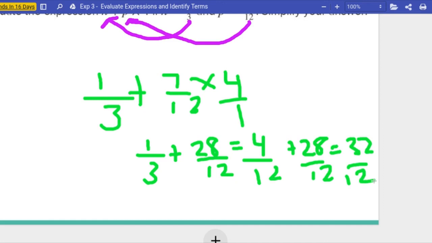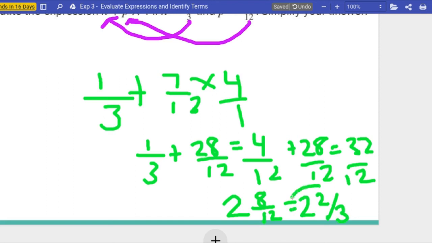So that means 32 divided by 12. So 12 goes into 32 twice. That's 24. And there would be 8 left over. So 2 and 8/12, which is still not simplest form because I can divide both 8 and 12 by 4. So I'd have 2 and 2/3. So the value of my expression would be 2 and 2/3.